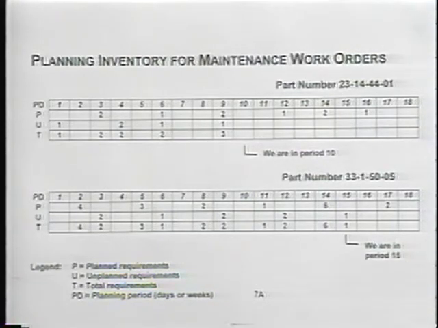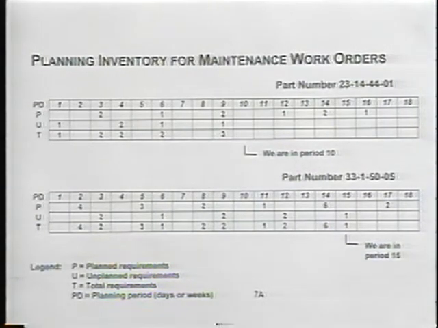If we look to the right of period 10, we see that in periods 12, 14, and 16, we have planned requirements. Now, since unplanned requirements are not planned, the only time we can actually record an unplanned requirement is when there is an unplanned requirement for this part, which enters the maintenance planning and scheduling system, and that would be through, let's say, a maintenance work order request.